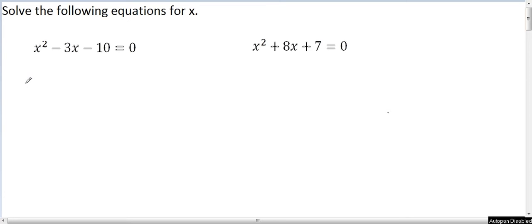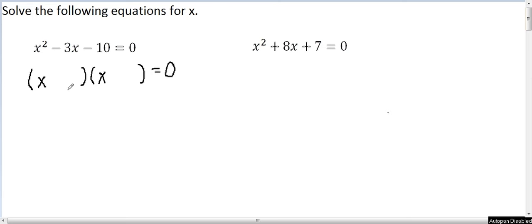Since the coefficient of x squared is equal to 1, we know that the expressions, when we factor them, should start out with x, and both of these expressions should be inside parentheses.